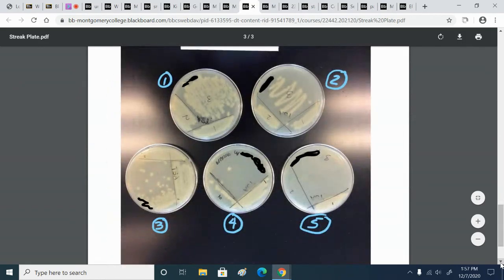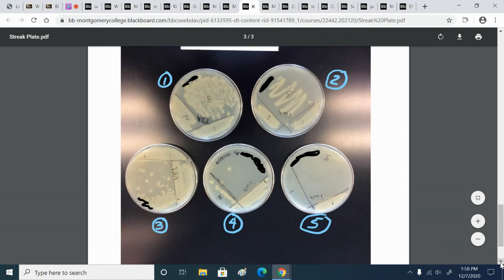So which of these plates is the good plate? Three? Yeah, plate number 3. Right, so we have those nice isolated colonies at the end.